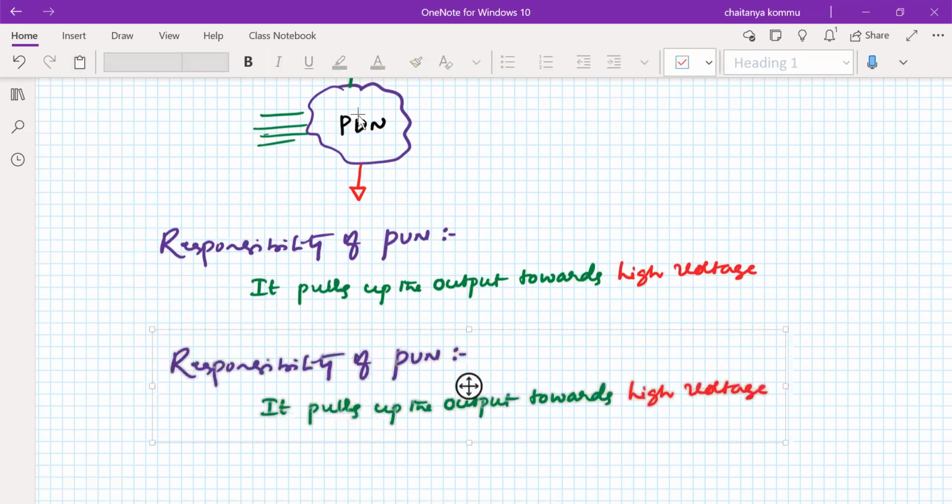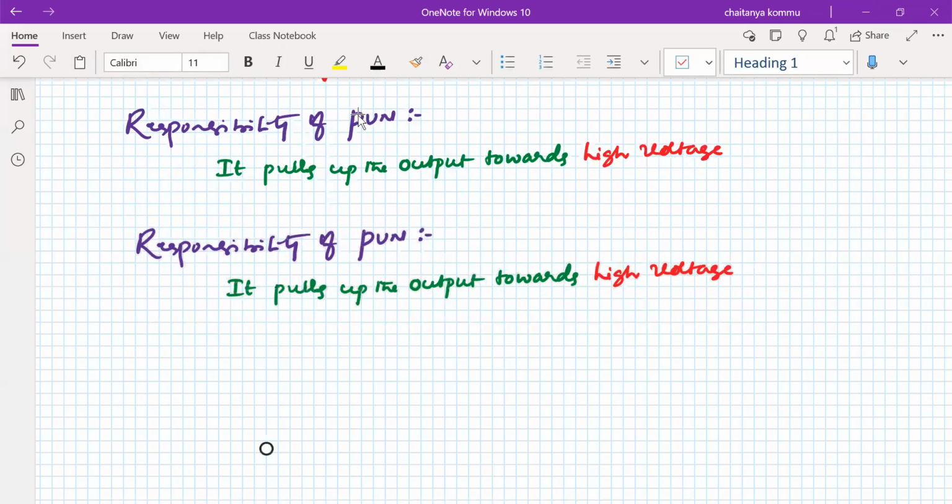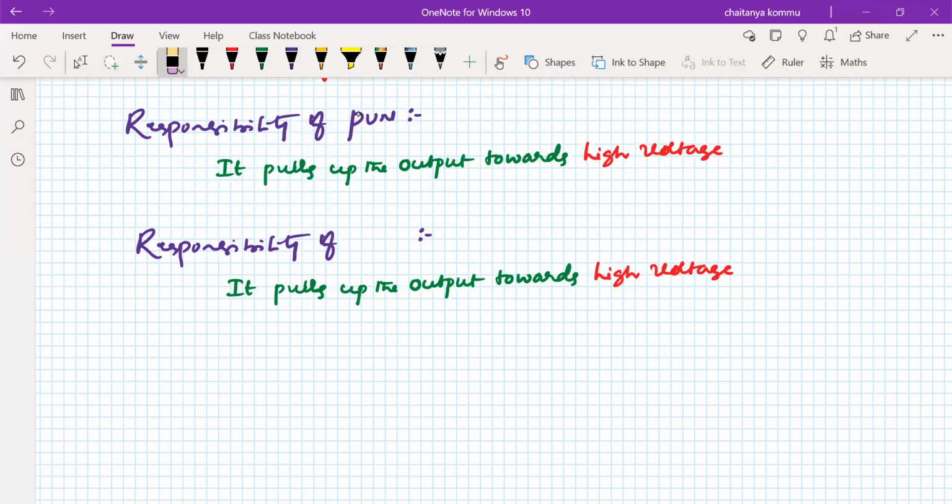What is the responsibility of this pull-down network? Okay, so let us write here. Pull-down network: it pulls down the output towards low voltage.